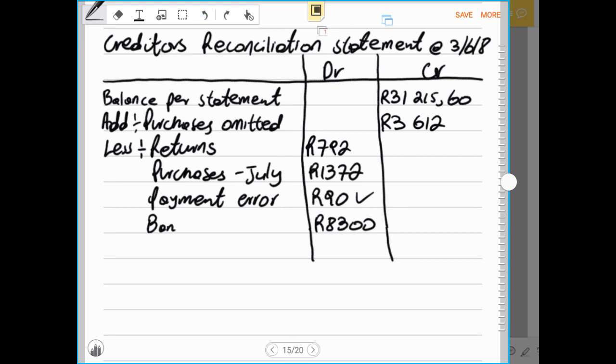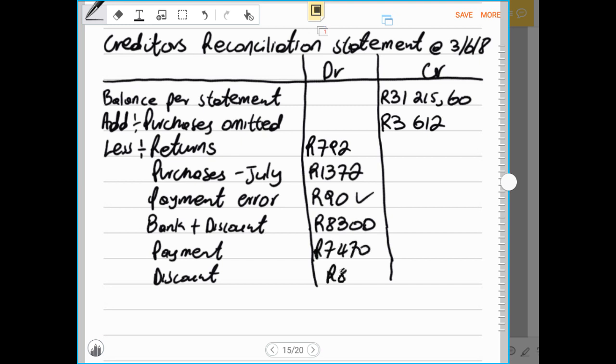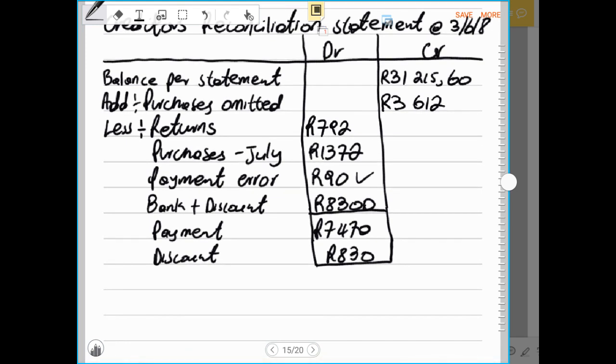Other people can separate it and show the payment alone and the discount separately, where they record 7,470 and the discount as 830, which comes to a total of 8,300. Either way, you will still get all the answers that you deserve to get.